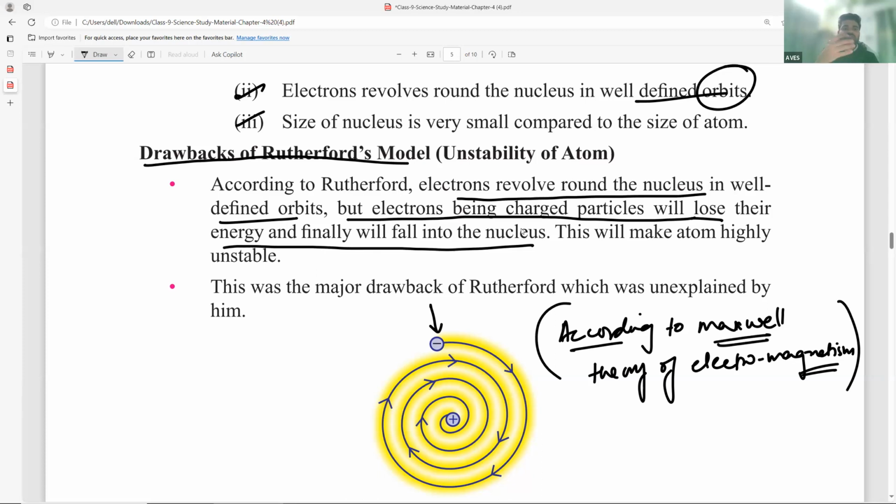Maxwell said that when a charged particle revolves, or accelerates, when it is moving, it loses its energy. Similarly, electrons being charged particles will lose energy and finally fall into the nucleus, and this makes the atom unstable. So this was rejected. This was the main drawback, because of which he was not able to explain. Understood?